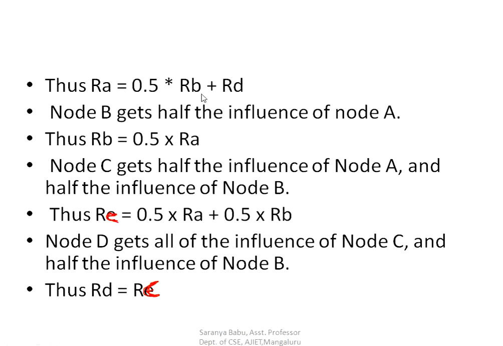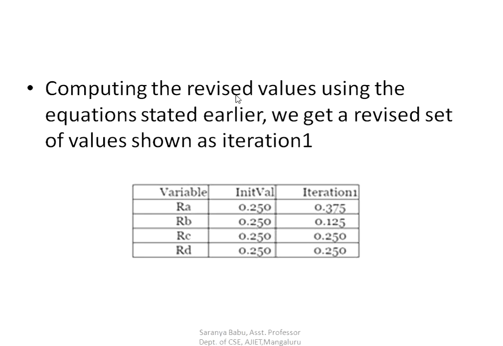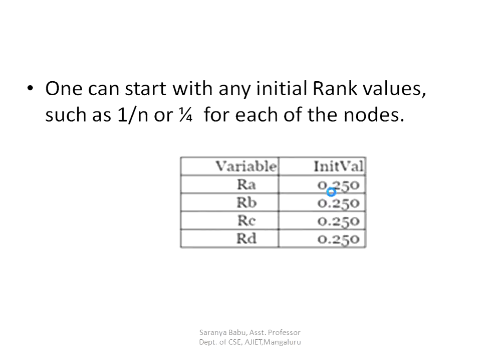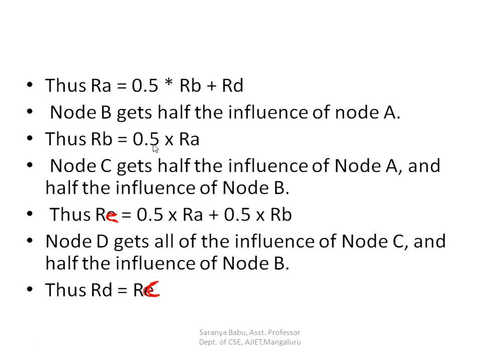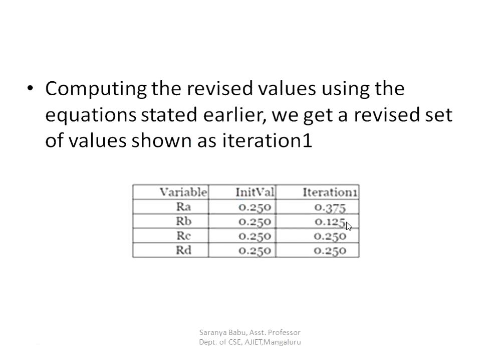Okay. Now substitute those values in each of these equations. So RA is equal to 0.5 into 0.25 plus 0.25. How much will it come? We'll see in that iteration 1. It will come to 0.375. Next, RB is equal to 0.5 into 0.25. Clear? So 0.5 into 0.25, you will get it as 0.125.